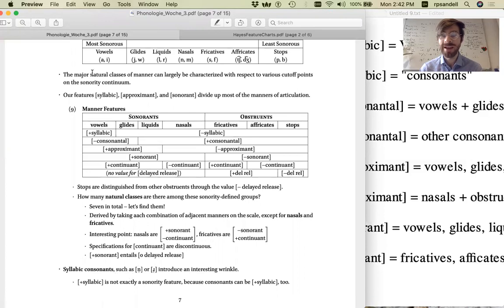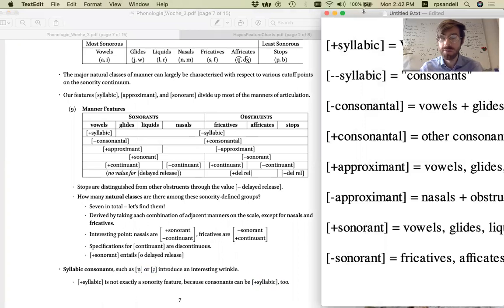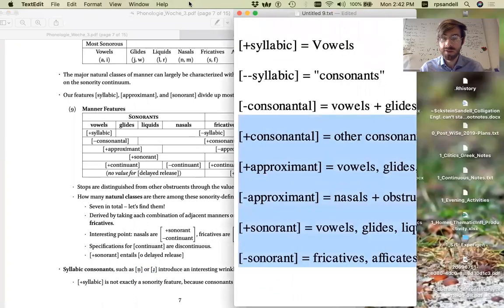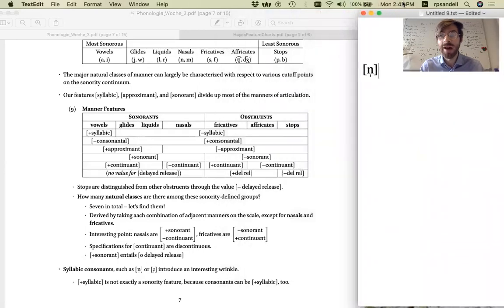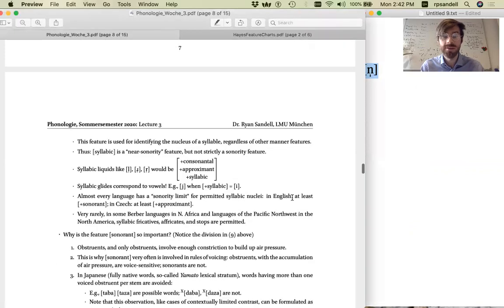This means it's kind of an imperfect sonority feature because we can assign the feature plus syllabic to some consonants. Here the IPA symbol, the International Phonetic Alphabet symbol, of a little line beneath the consonant indicates that it is syllabic. Vowels, of course, will not be marked with this symbol because they are considered by default to bear the feature plus syllabic.